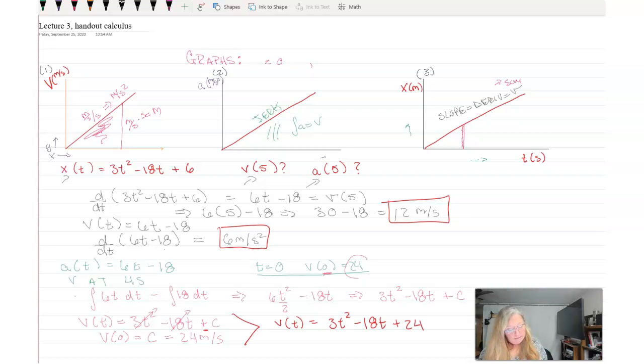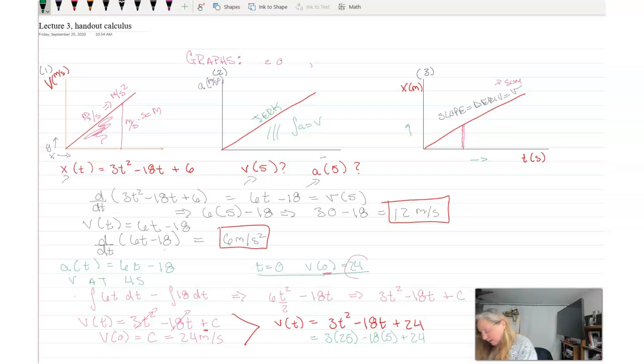Cool. Now I can just go ahead and put my times in. So what did I want? I wanted v at 5. So v equals 3 times 25 minus 18 times 5 plus 24.